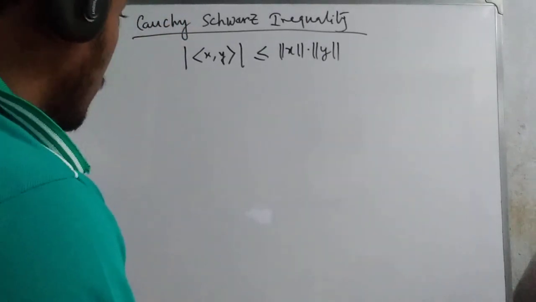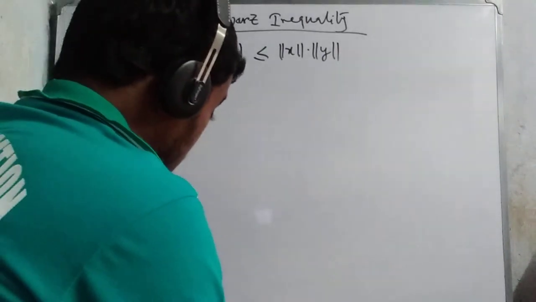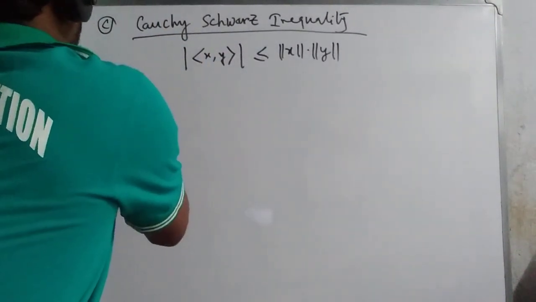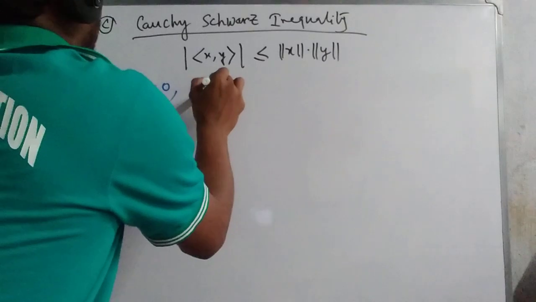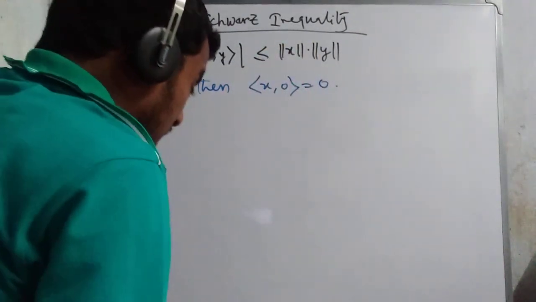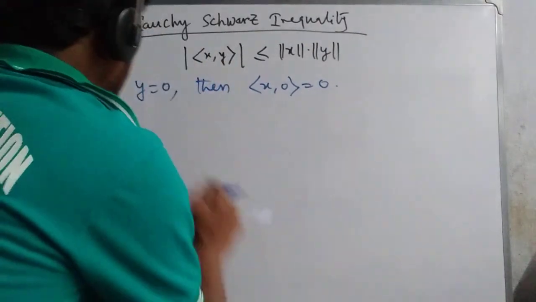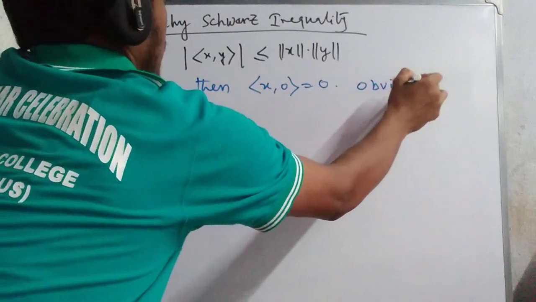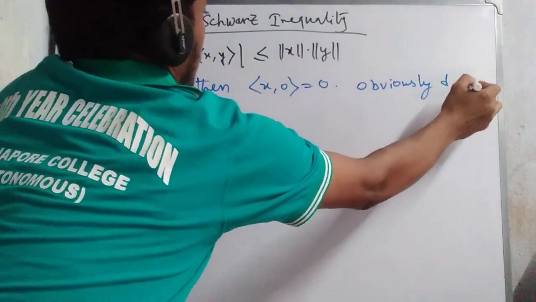Now we also discuss the case y equal to 0. If y equal to 0, then the inner product of x and 0 equal to 0. Immediately this holds, so obviously it is done.